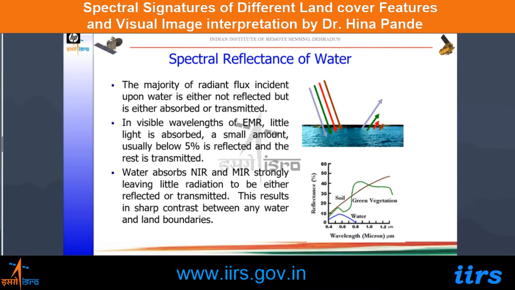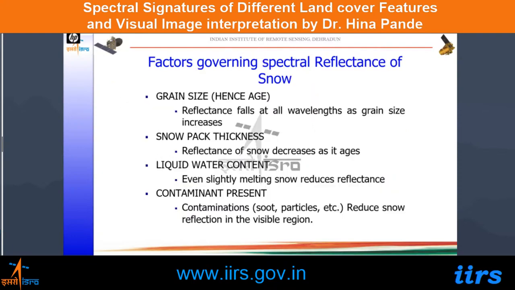Therefore, we see snow as a bright white feature on the image. However, when it starts melting and liquid water content increases, we have already seen that water tends to absorb in the infrared region, so it will reduce reflectance. If the infrared band is there, then definitely we will see darker signatures on the image.